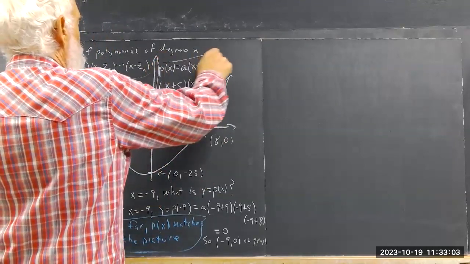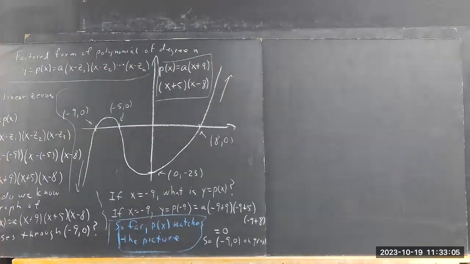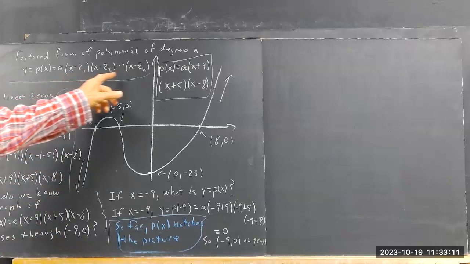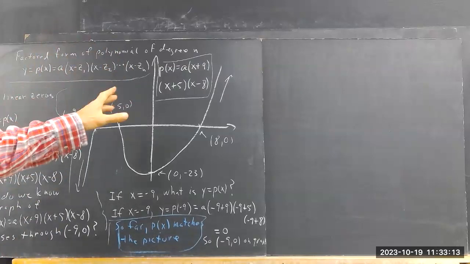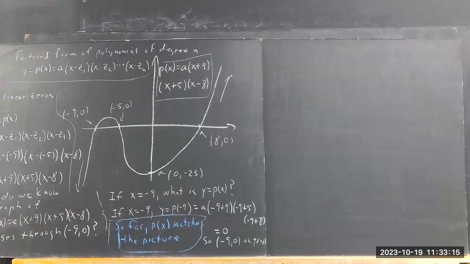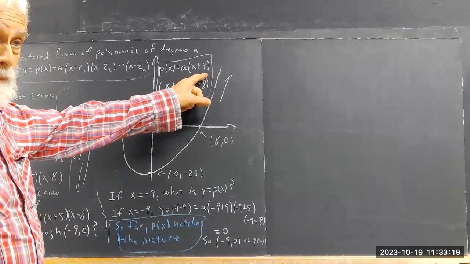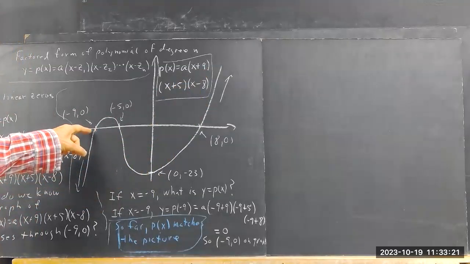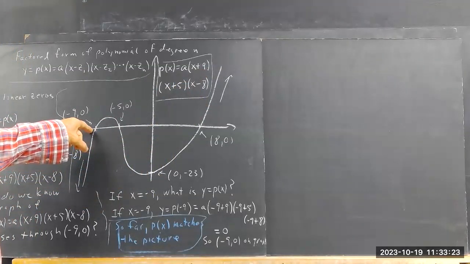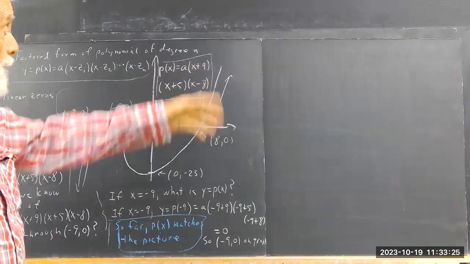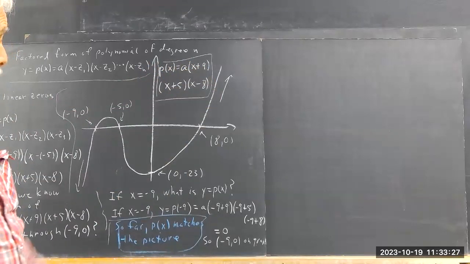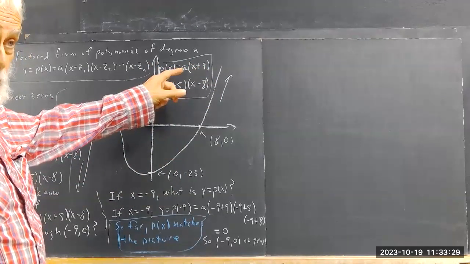What I claim we know about this function: if it's going to be of this form, a bunch of x minus this, x minus that, and x minus that, one of those things has to be x plus 9, so that it'll go through the point negative 9, 0. Okay. Well, can you write out the rest of the function? Except, of course, for a, we don't know what that is yet.